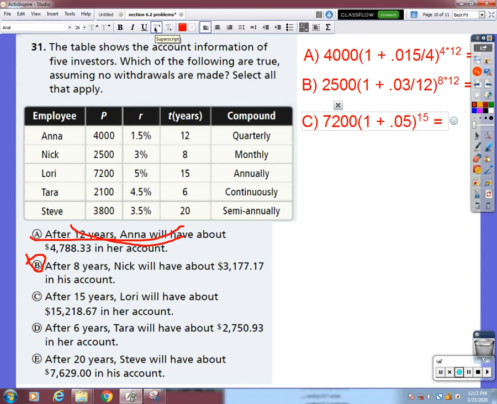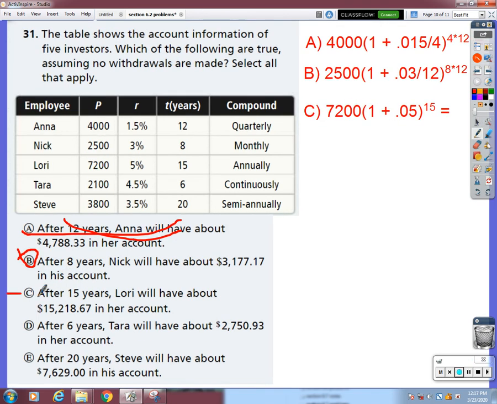Okay, so let's see what that comes out to be. 7,200 times 1 plus 0.05 to the 15th. She ends up with 14,968. So nope, that's wrong.